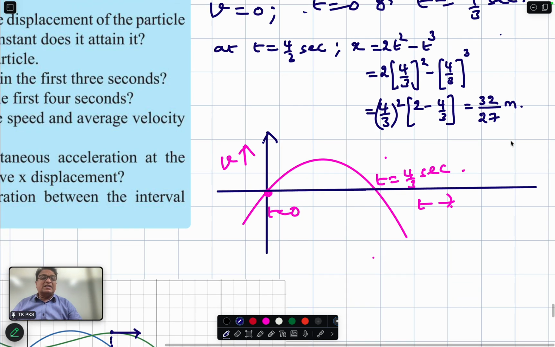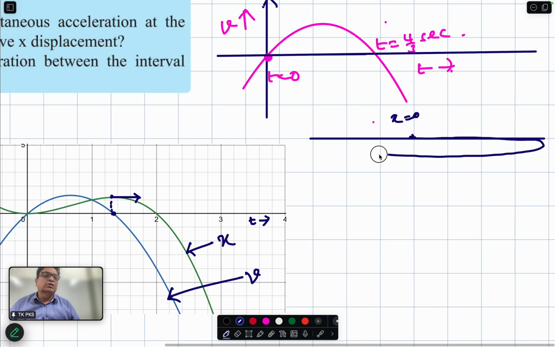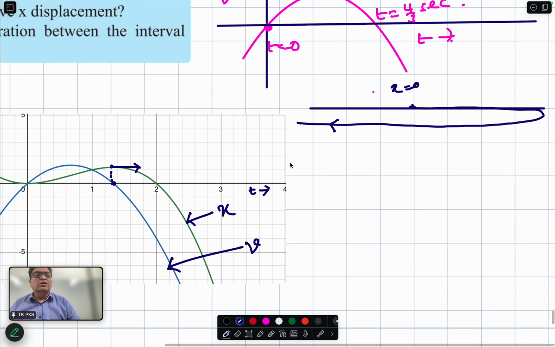32/27 is the maximum, which means we are taking this as the x-axis. This is x equal to 0. At t equal to 0, x is equal to 0, and it has some initial velocity, it goes, returns back and moves permanently like that.